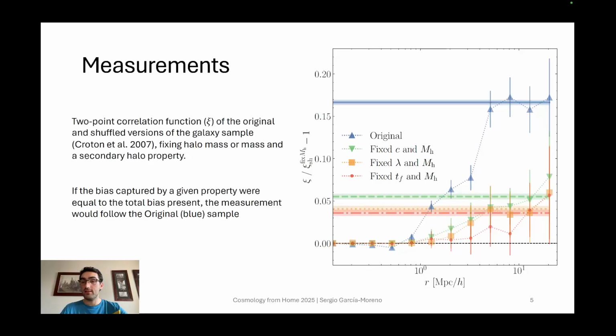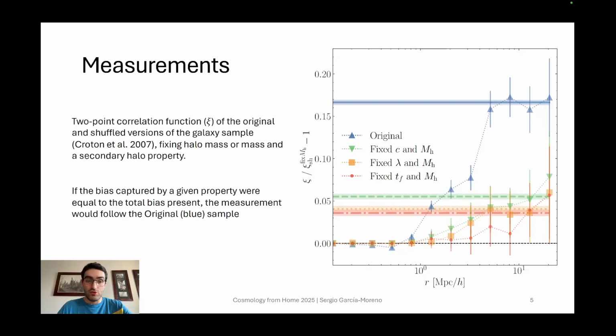Also, taking the median of the 100 different results above 8 megaparsecs, we obtain a total of 100 galaxy assembly bias measurements, which, taking the mean, gives us this horizontal line representing the total galaxy assembly bias present in the sample.